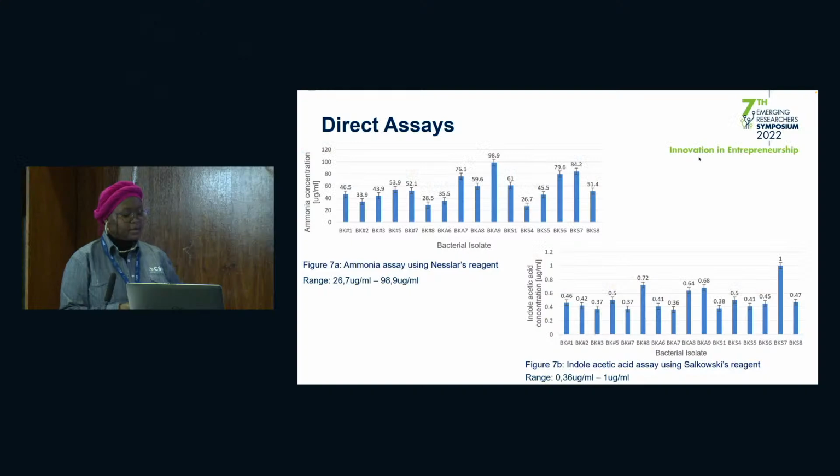And figure 7B shows the indole acetic acid assay of the 16 screened isolates, and the concentrations ranged between 0.36 micrograms per milliliter and 1 microgram per milliliter.